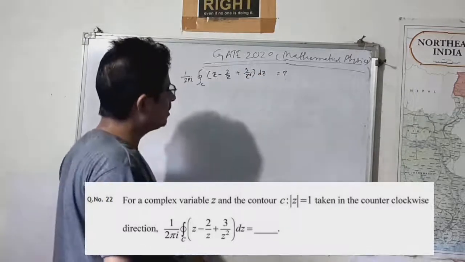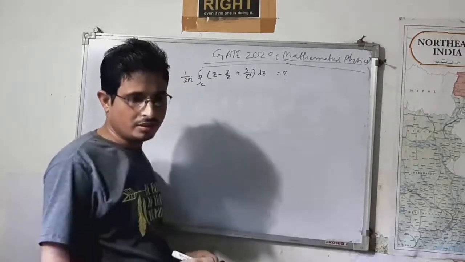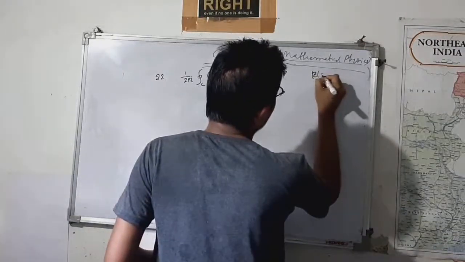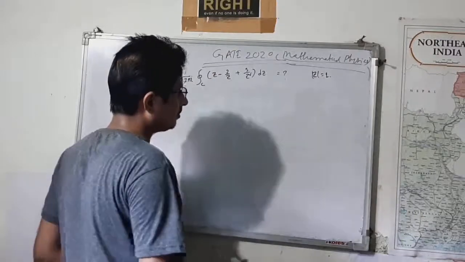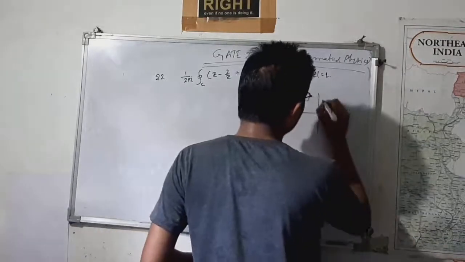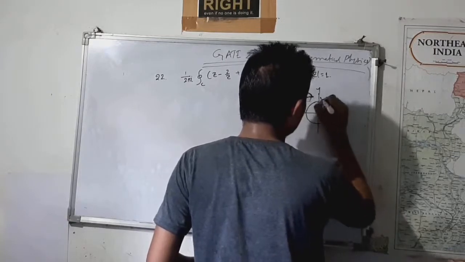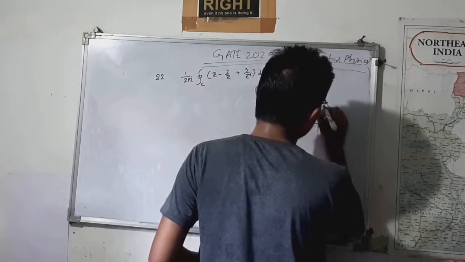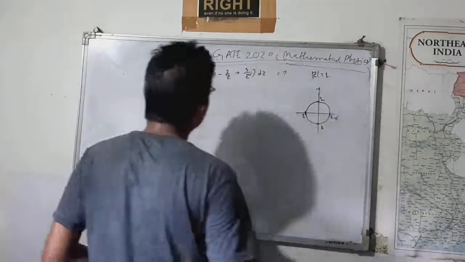Actually this question comes from the residue theorem. Here the contour is mod z equal to 1. That means if we draw x and y axes, the region has points 1, 1, 1, 1, so it is a unit circle.